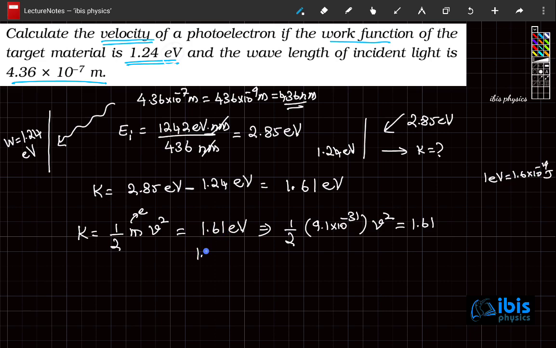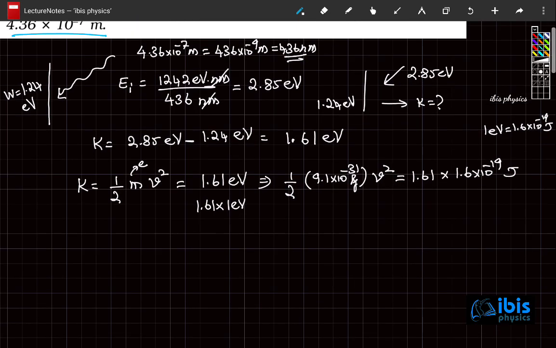So 1.61 electron volt is 1.61 times 1 electron volt, and this 1 electron volt is equal to 1.6 × 10^-19 joule. Now this is in kilogram, this is in meter per second, and this is in joules, so all are in the SI system, no problem.